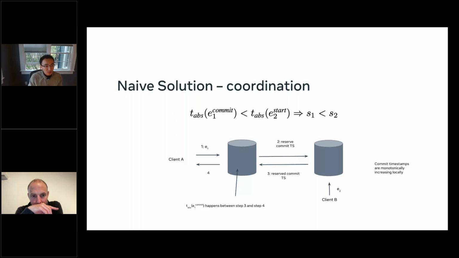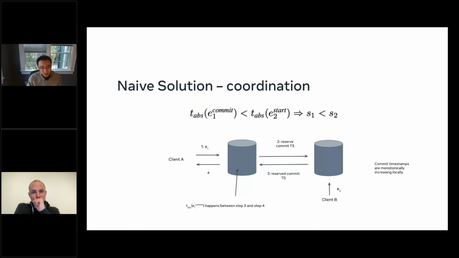Then this property obviously holds, because if transaction 2, E2, only starts after transaction 1 is committed, then the second shard's local transaction timestamp must have already passed E1's S1, so that S2 is always going to be higher than S1.